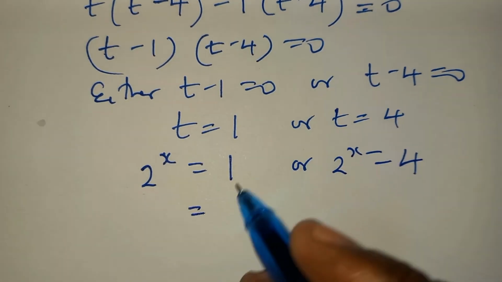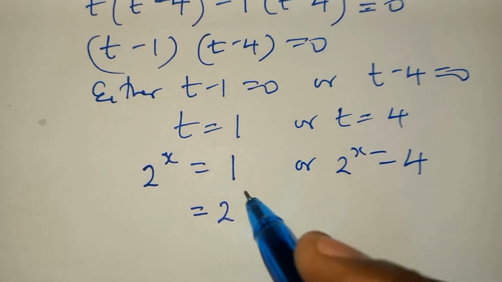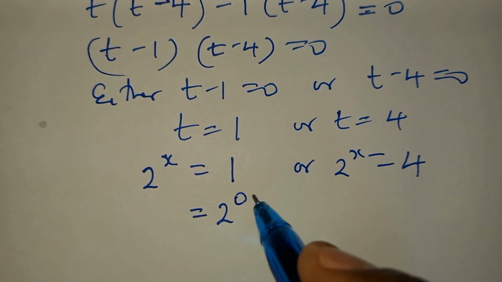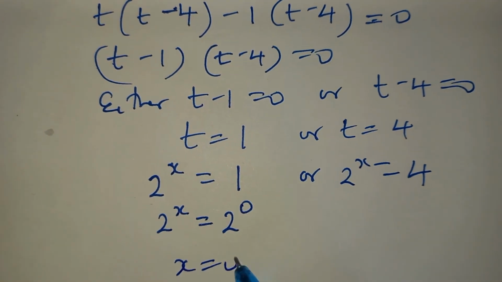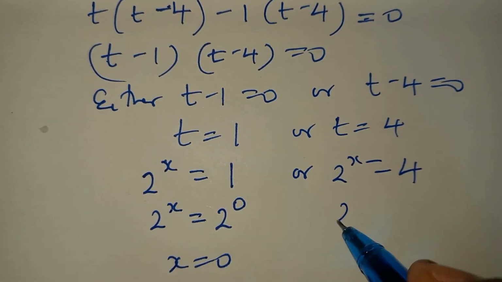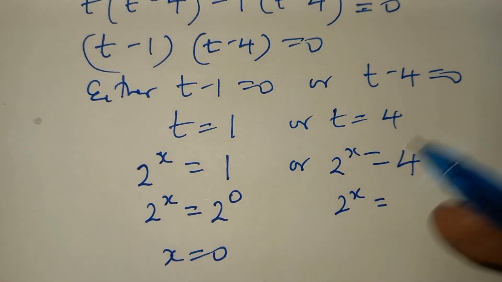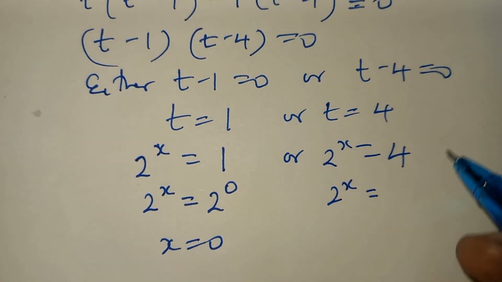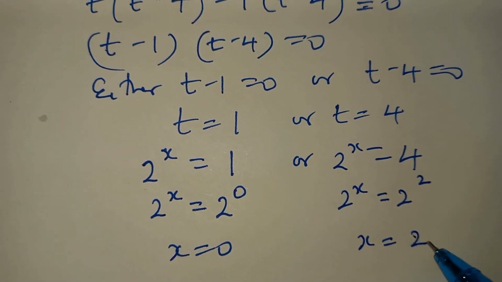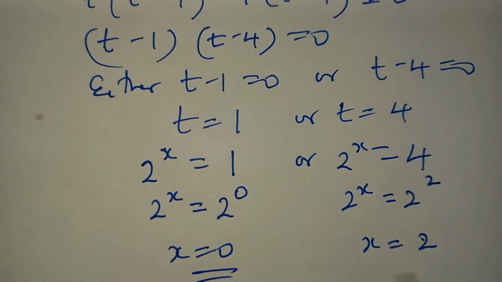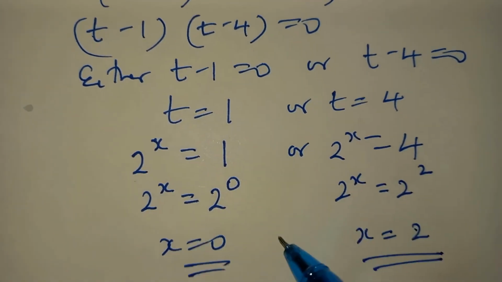If you rewrite the right-hand side here as a power of 2, that would be 2 power 0 using the laws of indices, meaning that x is 0. On the other side, we have 2 power x is equal to 4, and if you rewrite the right-hand side as a power of 2, then you'll have 2 squared, which implies that x is 2 since the bases are the same. So those are your solutions.